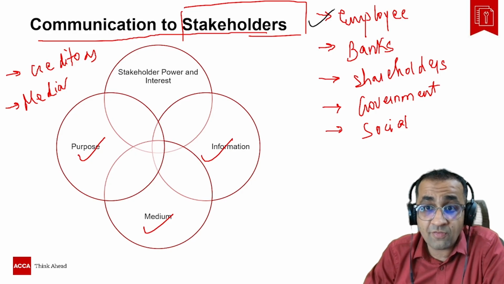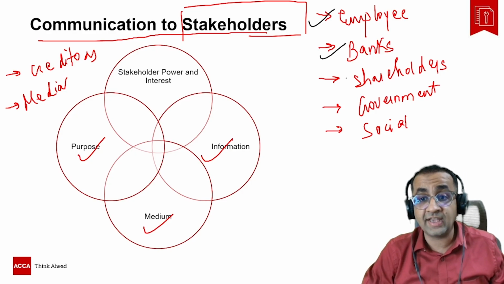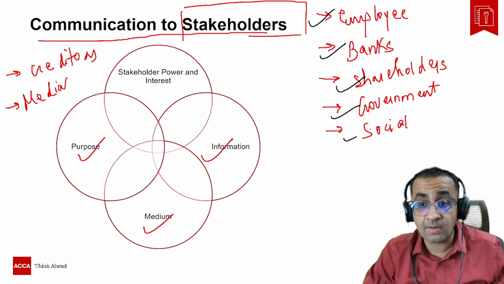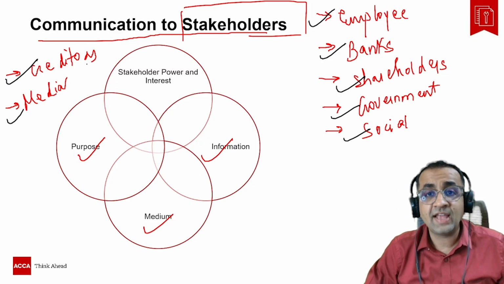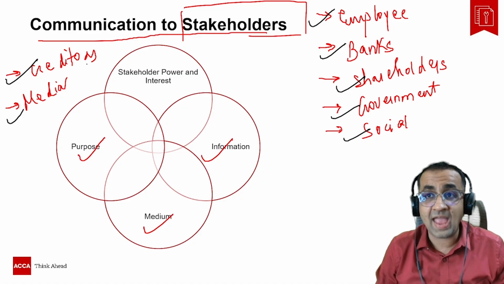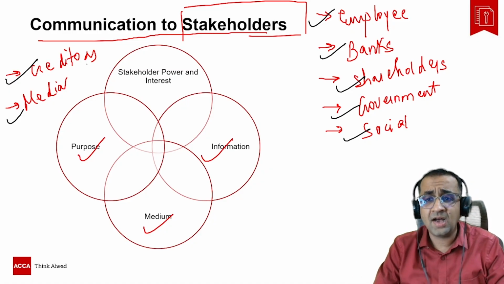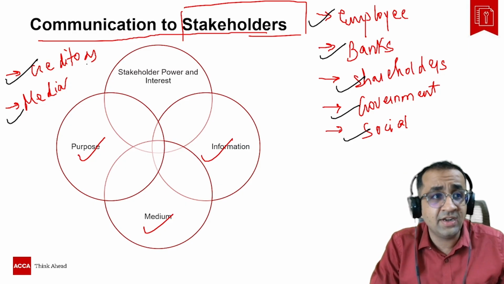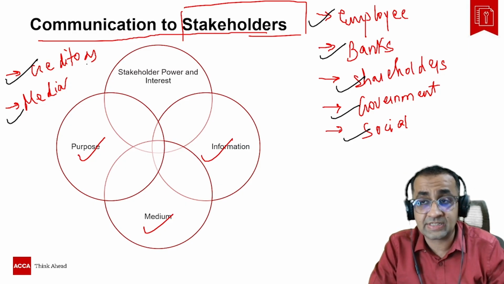There will be a different medium and pattern of communication with employees, banks, shareholders, government, society, media, and creditors. The language that you use has to be very different too, because with employees you will speak in a different tone, addressing their concerns and needs.